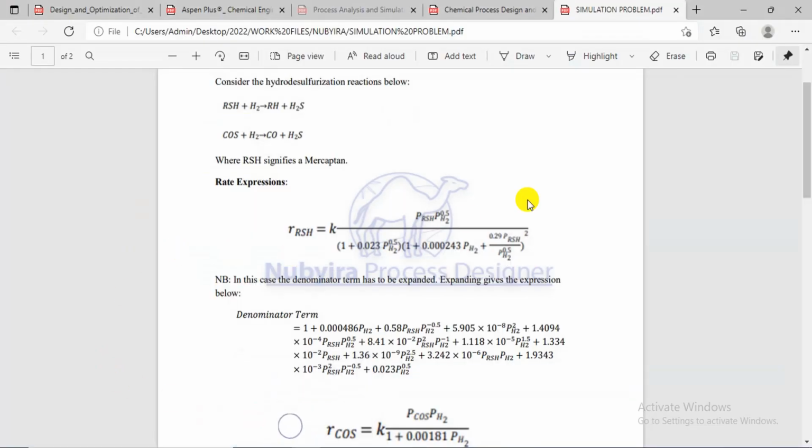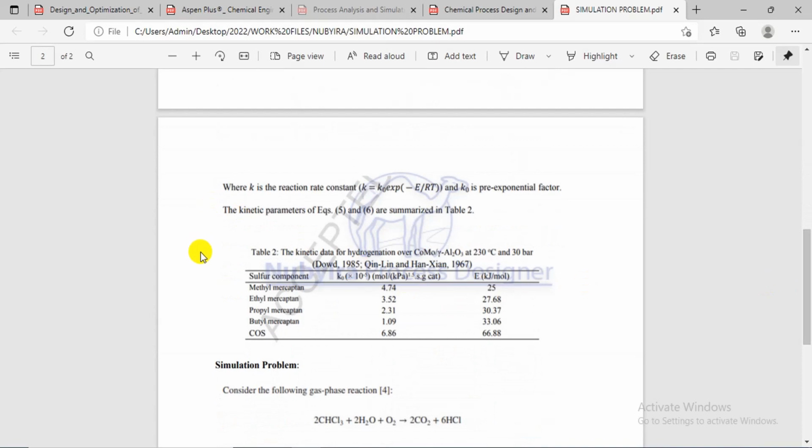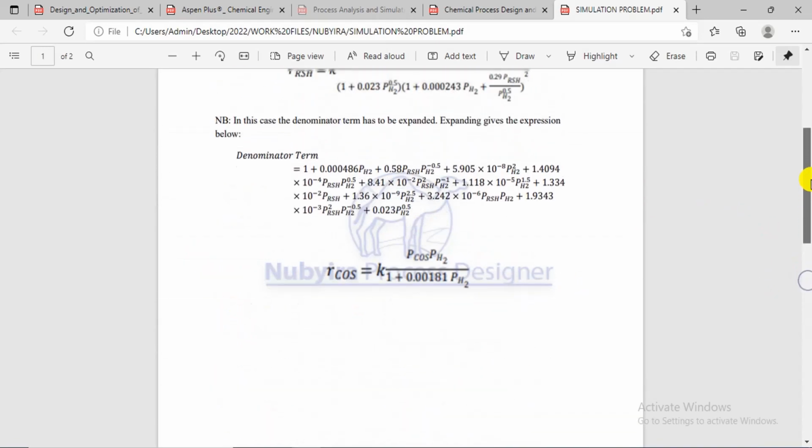Now you have your numerator, then you have your denominator, which has been simplified into this. Now the values for K can be gotten from this table right here. Now let's go back.